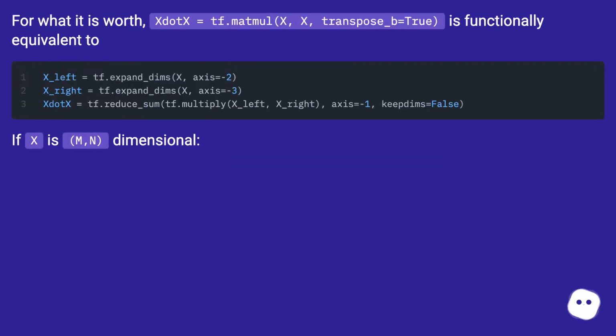For what it is worth, stocks equals Tf.Matmul(x, x, transpose_b equals true) is functionally equivalent to the following, if x is n-dimensional.